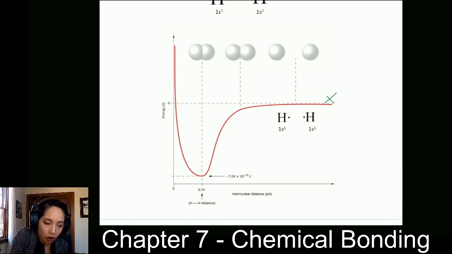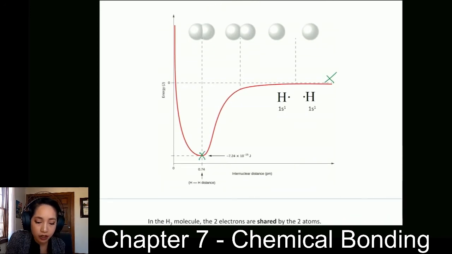Right here on this graph, at the center, is the minimum energy, or the lowest energy of the diatomic hydrogen at a certain distance. At this distance is what we expect a hydrogen-hydrogen bond length to be, because at that distance, the sharing of electrons has become optimized within that molecule.